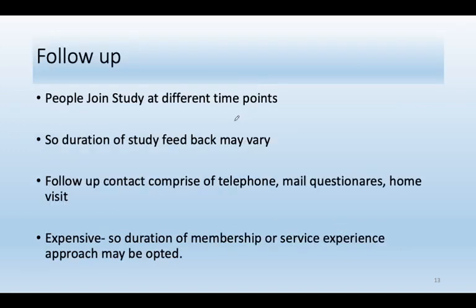The people may follow up a study right at the start of a study, for example, which I have mentioned in earlier examples, or they may join the study at certain time points and leave the study group. All right. So the duration of follow-up may vary, and follow-up contact comprises telephone, mail questionnaires, or home visits. So a cohort study is pretty expensive because you need to follow these individuals for roughly 10, 20 years.